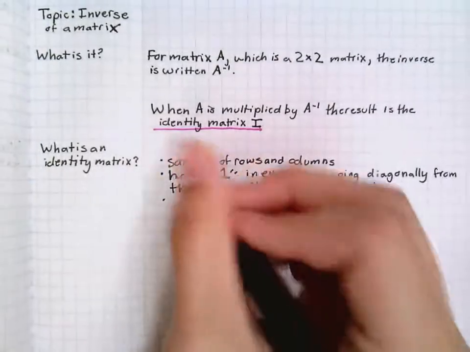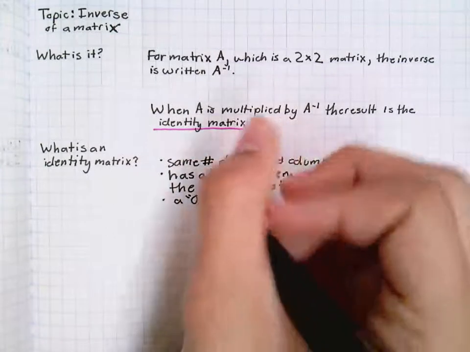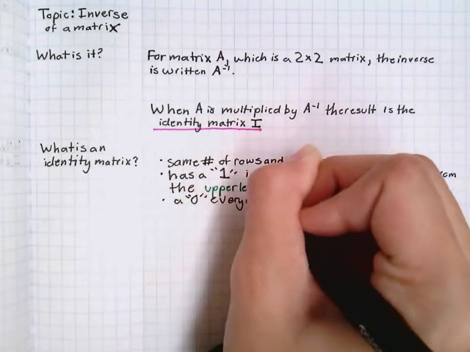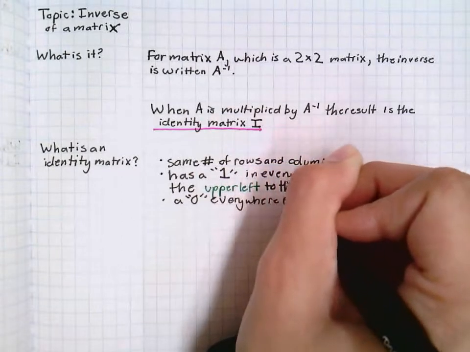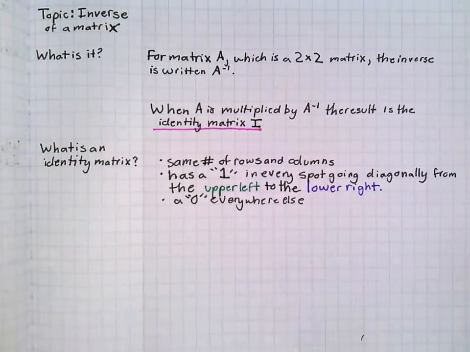Lastly, a 0 is put everywhere else. This is how you get an identity matrix.